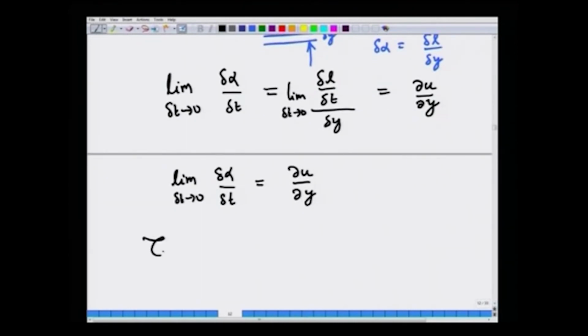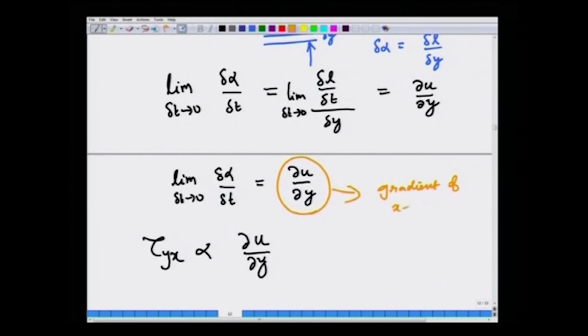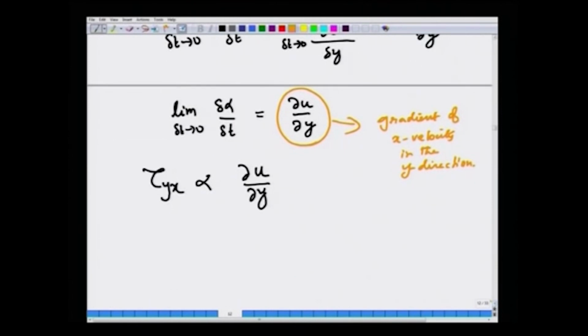So, the shear stress tau y x is proportional to the velocity gradient, as we mentioned. This is the gradient of the x component of velocity in the y direction.